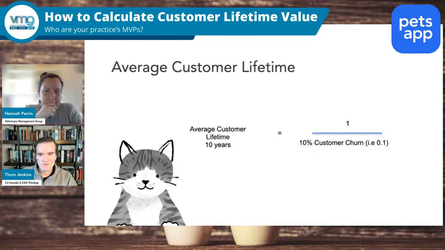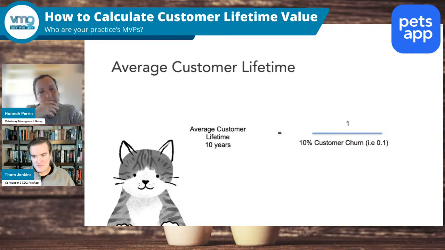And this is the bit that most people get stuck on. If you can remember this, actually calculating your average customer lifetime value becomes relatively straightforward. If you started with 3,000 active clients and you only retained 1,500 of them, that means you churned through 1,500 clients.